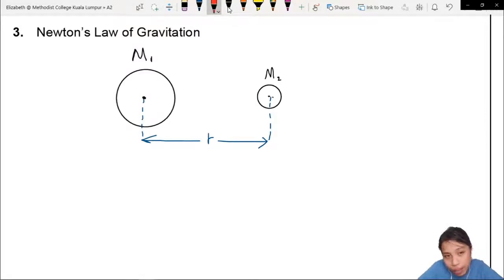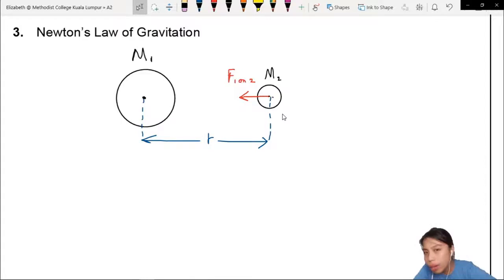This first mass on the left side here will exert a force on the one on the right. Kind of like this. This is the force of number 1 on number 2. That is the big one pulling the small one.